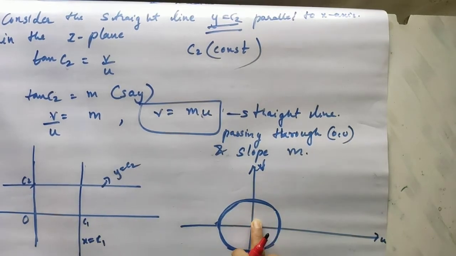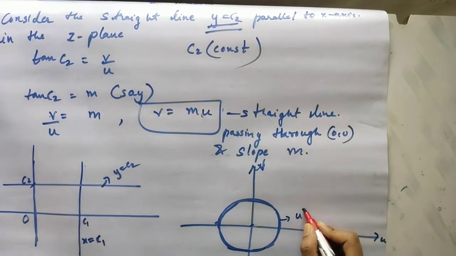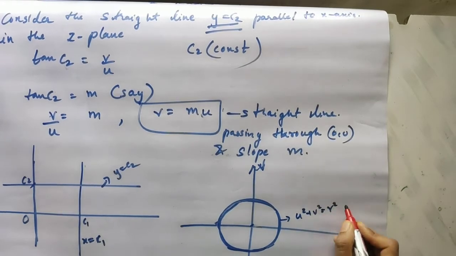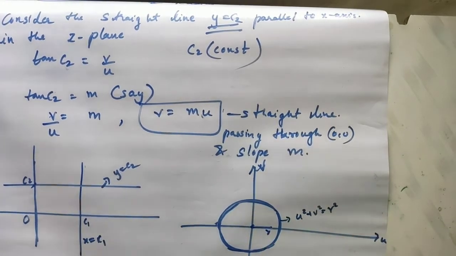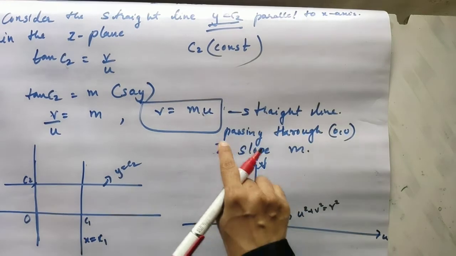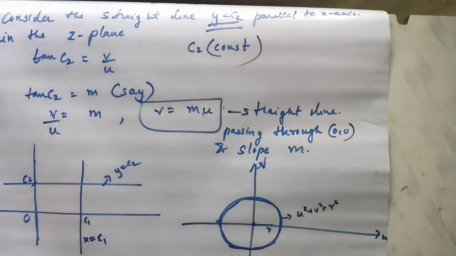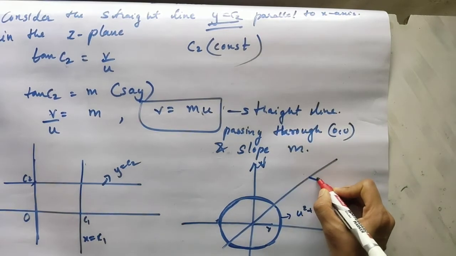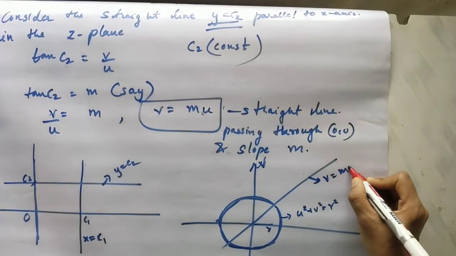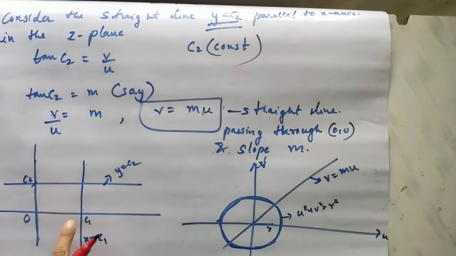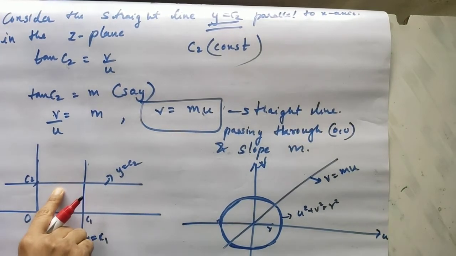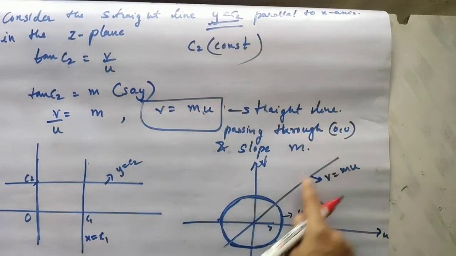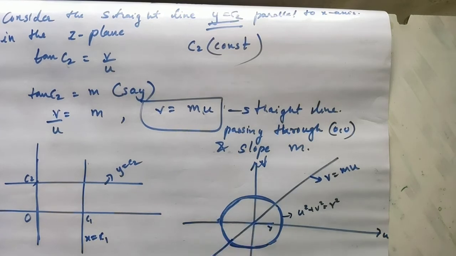This is my u square plus v square is equal to r square. I can call this as r. Okay, now I have to draw my line v is equal to m into u. So it will be a line like this passing through the origin, v is equal to m into u. Okay, so that line y is equal to C2 is transformed to a straight line passing through the origin in the W plane.